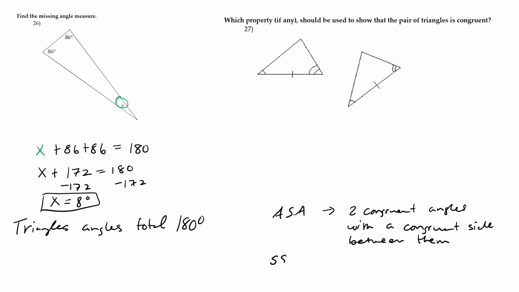We also have side, side, side, where there are 3 congruent sides. And then we can have side, angle, side, where we have 2 congruent sides with a contained angle.